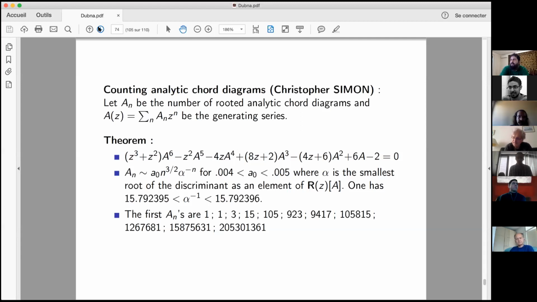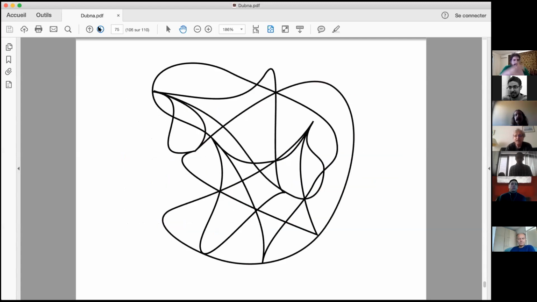And finally, I want to show you a theorem by Christopher also, which is the following. Now if you forget about the local picture, and you want to understand globally, an algebraic curve in the plane looks like something like that. It's a complete mess.